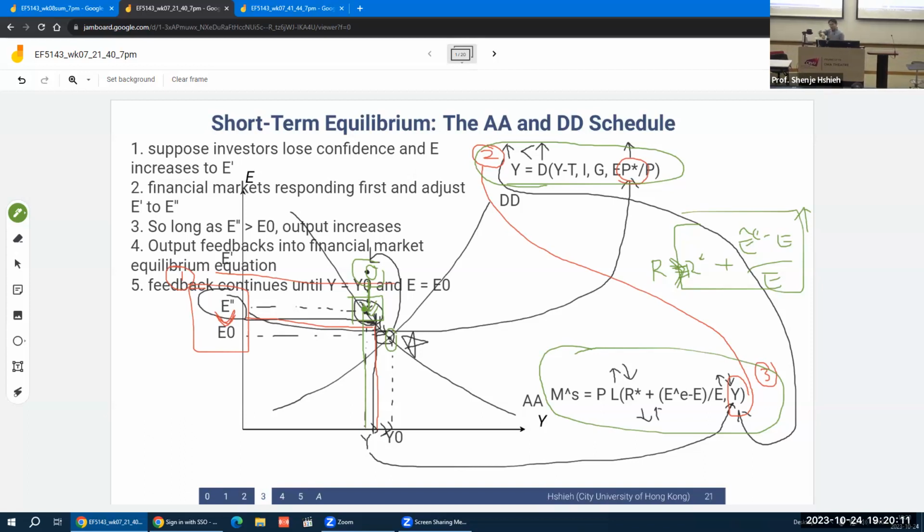After that, things start to change in the real economy because the E is still relatively higher than the starting point E naught, right? The starting point is here. With a higher E level, that's going to change aggregate demand, right? We talked about this feedback mechanism last week, and I'm just reminding you, this is all working in the background.